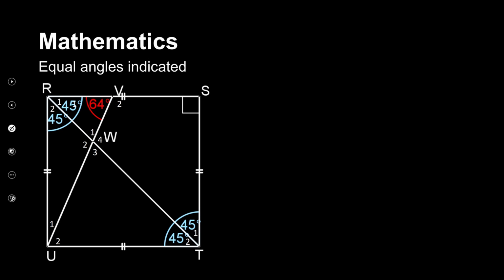But now, UV is not a diagonal, right? But I know that this is 45 degrees. So what will I then use? I will then try and think about this angle here in order to find what W3 is, because I will just use the sum of angles in a triangle with that one, right? And then I will know what W3 is.